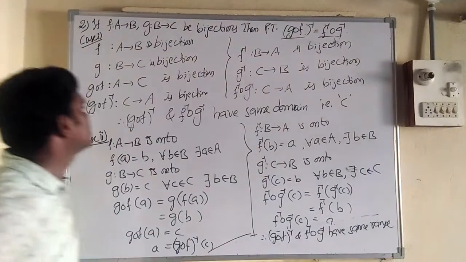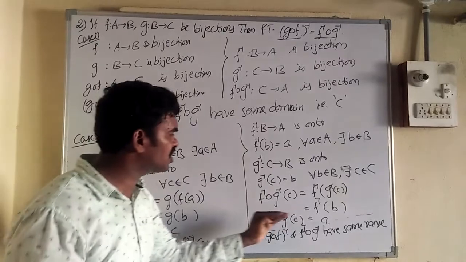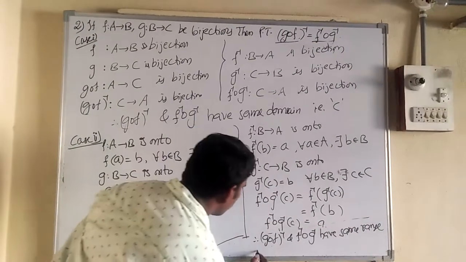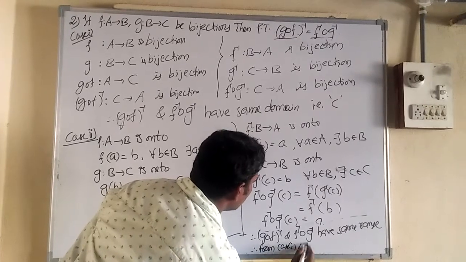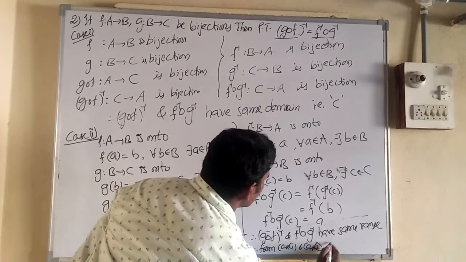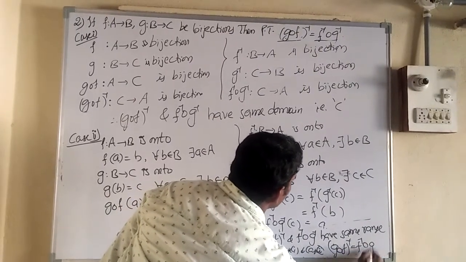This is case 2. This is case 1. From case 1 we showed the domain is the same. From case 2 we showed the range is the same. Therefore, finally from case 1 and case 2, G circle F whole inverse equals F inverse circle G inverse.